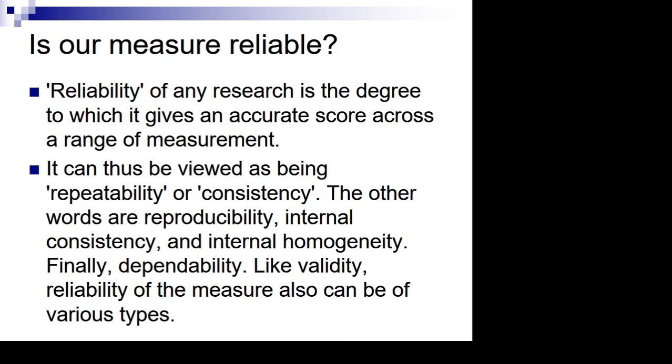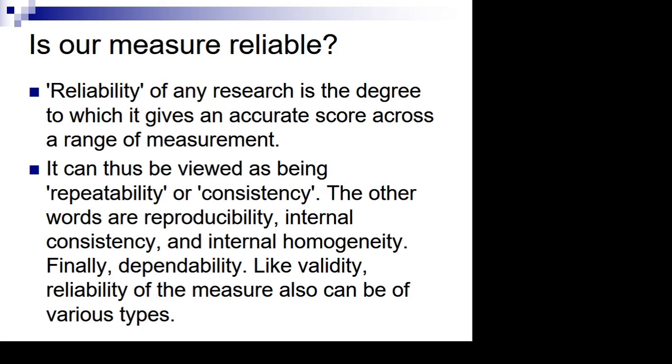To simplify further, validity refers to a measure measuring what it is supposed to measure, or what it is intended to measure, or a scale measures the purpose for which it was designed, whereas reliability refers to the consistency of that measurement.